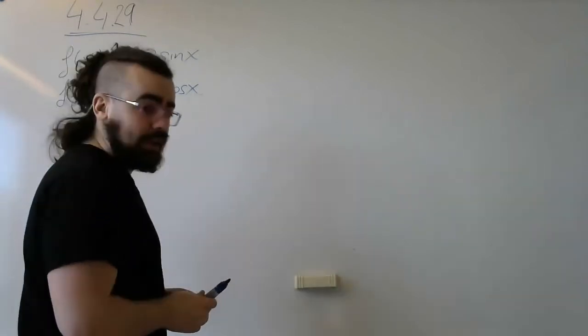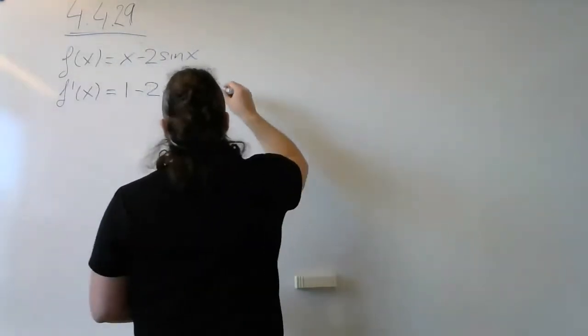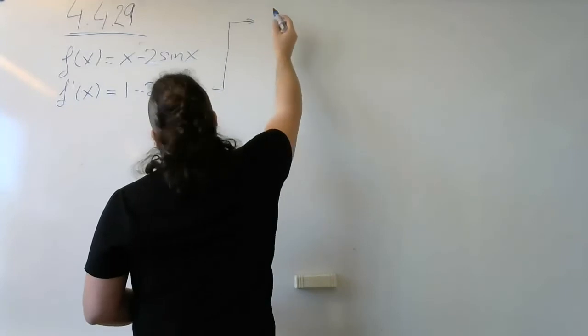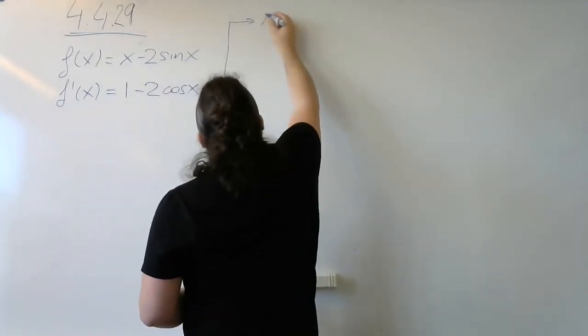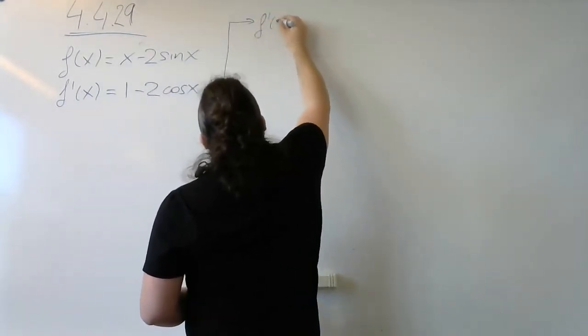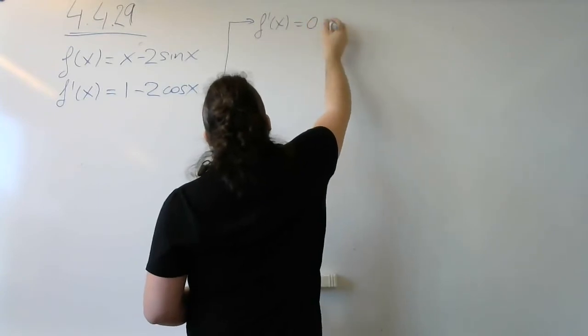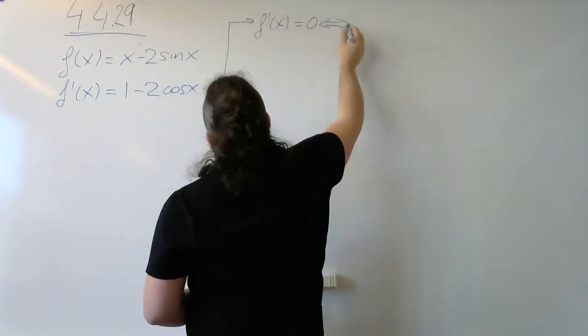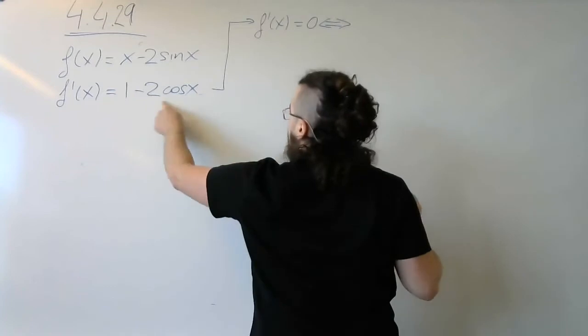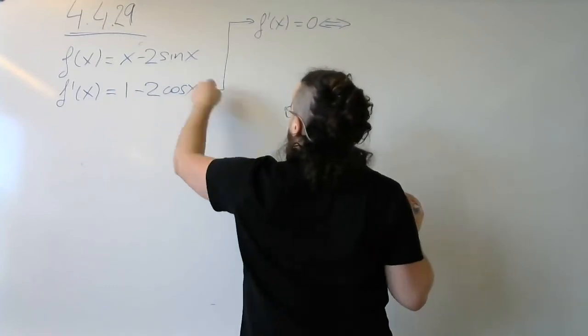So we use the first derivative to find possible local extreme values. F prime of x equals 0 if and only if this is 0, so cosine x is 1/2.